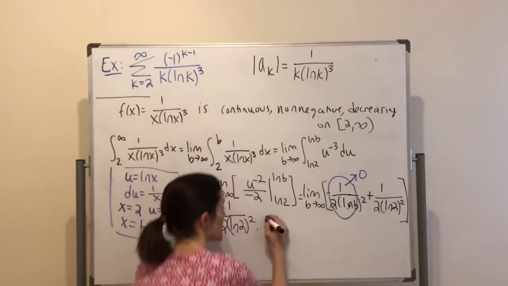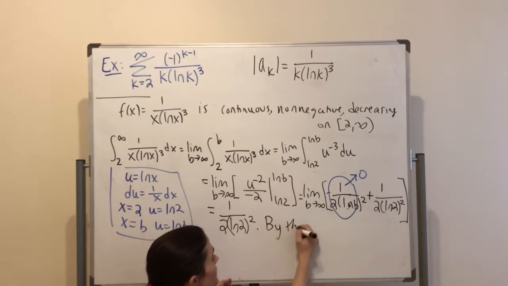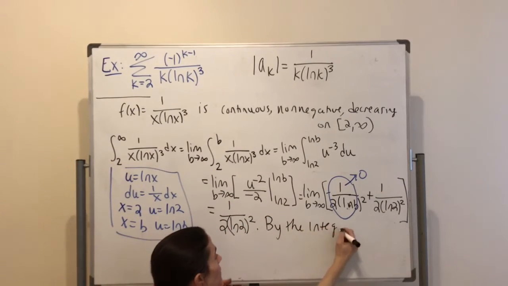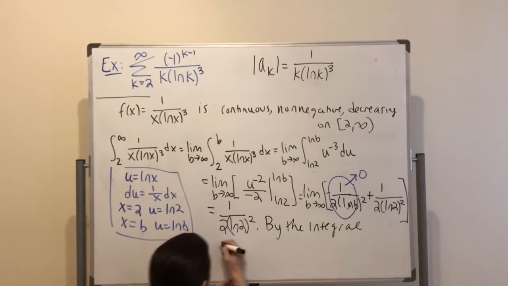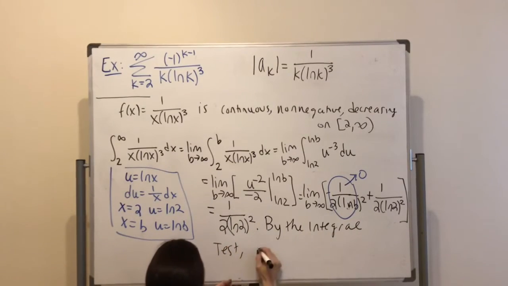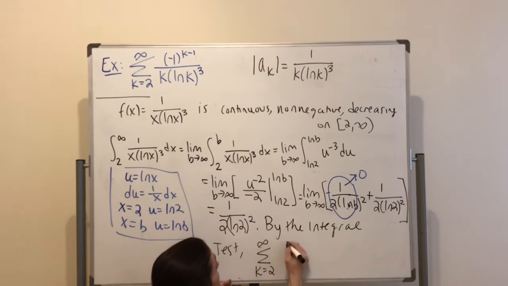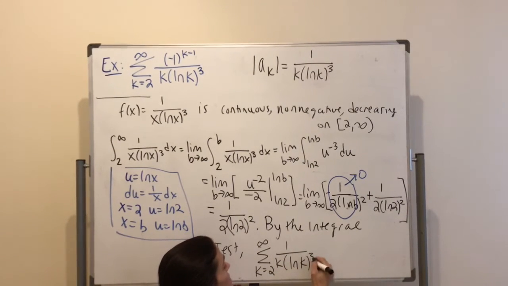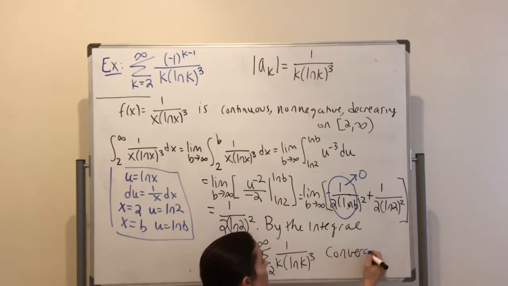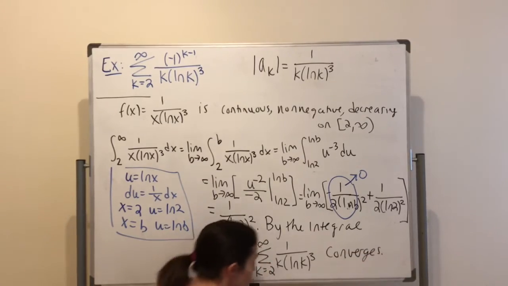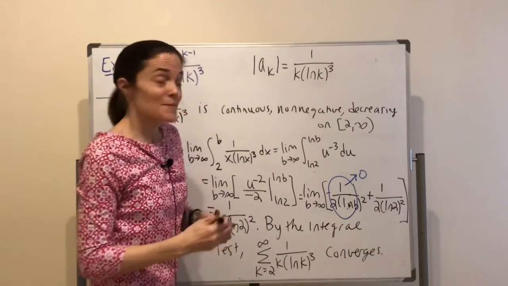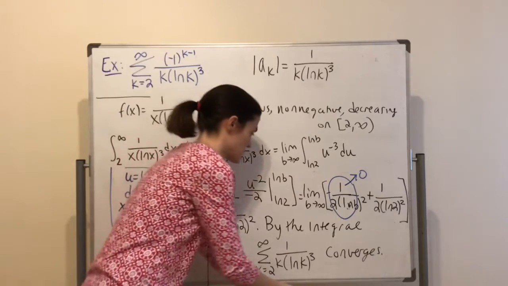By the integral test, this series, which is the sum from k equals 2 to infinity of the positive terms, the absolute value of the terms, converges. So now we go back and make our conclusion about the alternating series.